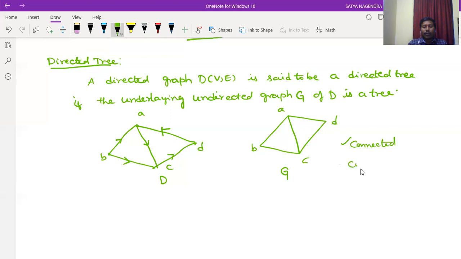So it is not a tree. G is not a tree, so D is not a directed tree. Cycles are there, so it is not a tree.